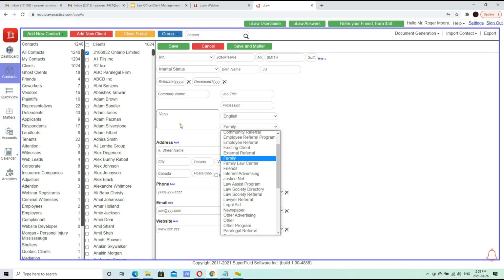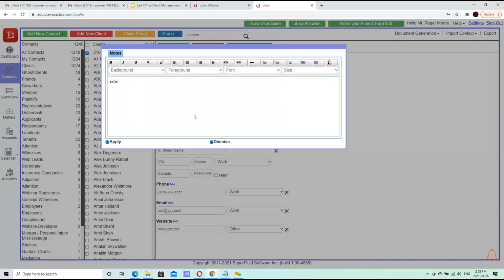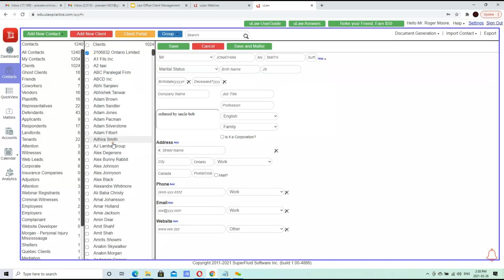Of course, you can put in the notes if there's any additional information about that. You can say referred by Uncle Bob. If you want to send Uncle Bob a gift card or a thank you, if this customer went through, it was a good customer to deal with, right? Correspondence address.